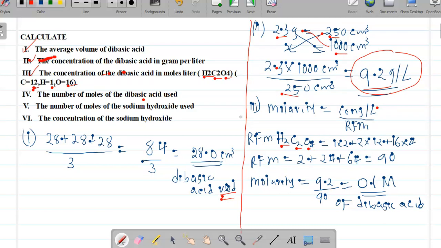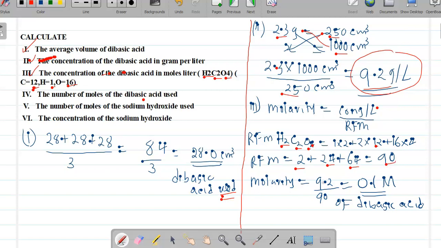Oxygen is 16 and we have 4 oxygen, so 16 times 4. That gives 2, 24 and 64. When you add them, you get 90.